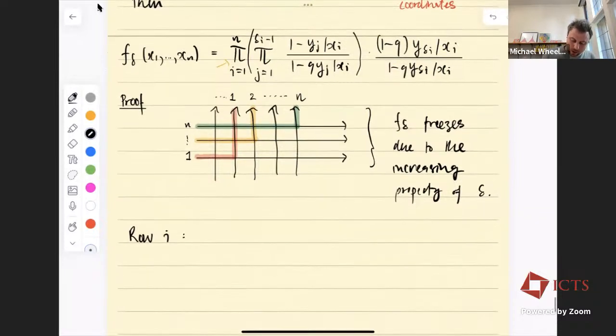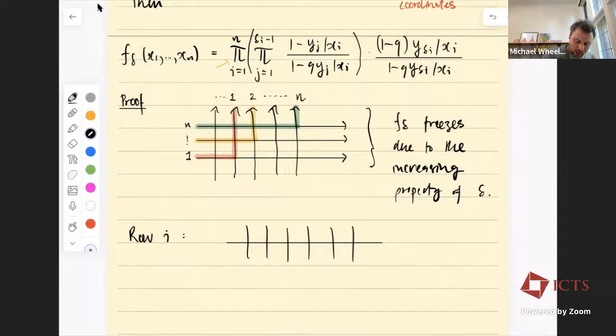So row number i is going to look something like this. So I'll have one path, which is basically the path of color i. It comes in like that, travels all the way across, and then turns. And it's going to turn in the column where it ultimately exits. So this is color i, and it's exiting in column delta i.